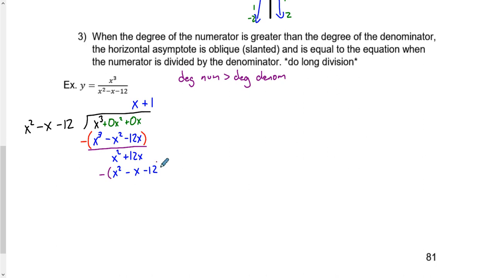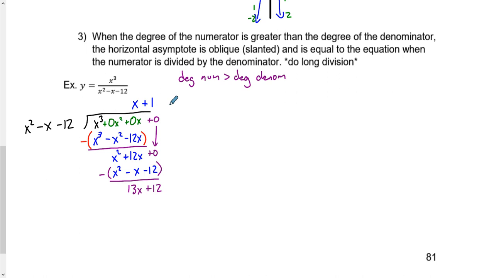We're going to subtract this one. x squareds are gone. 12 subtracting negative 1 is 13x. And we'd have 0 being brought down. 0 subtracting negative 12 would be a positive 12.